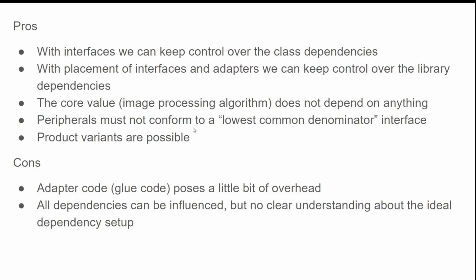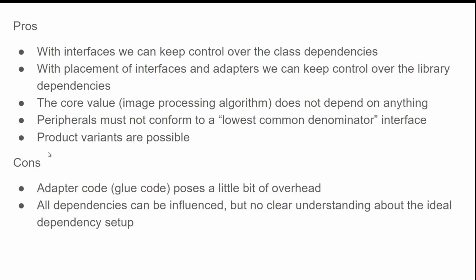Now we have product variants. We already saw this CLI and GUI approach, and this is again very nice because we can reuse a lot of code, and in some cases we can even cover slight variations inside one executable.